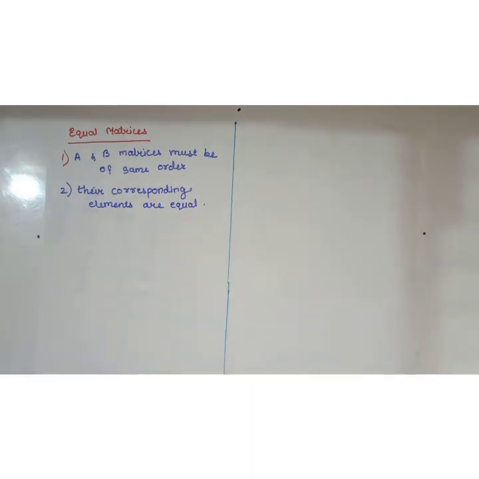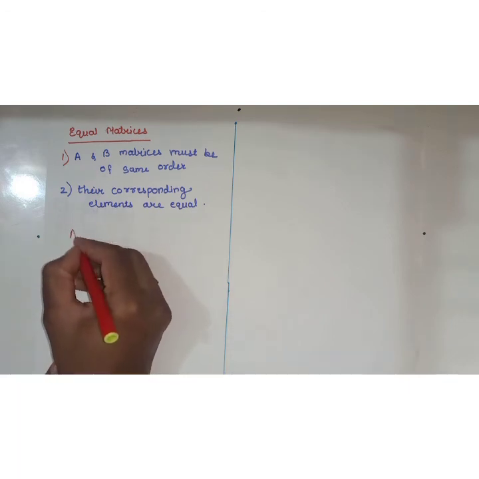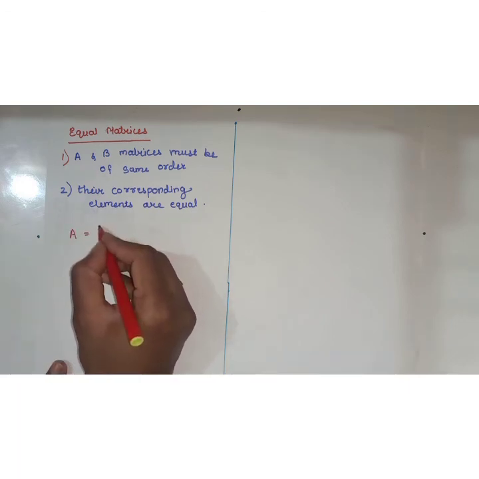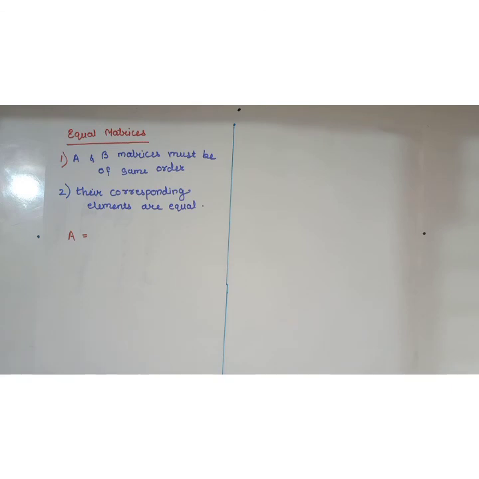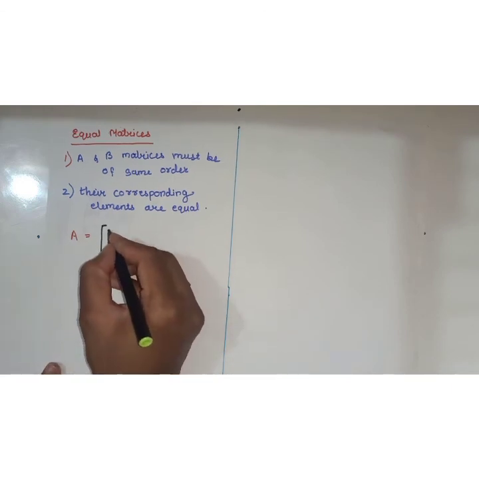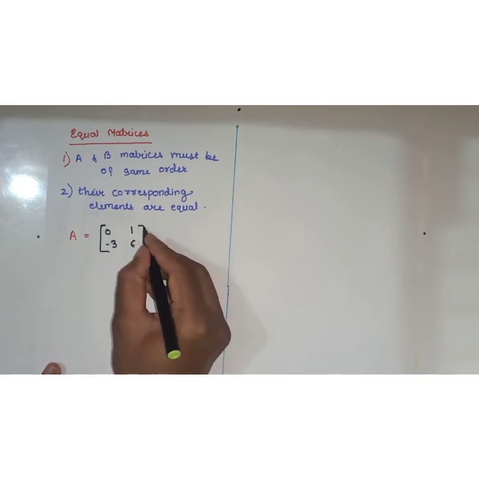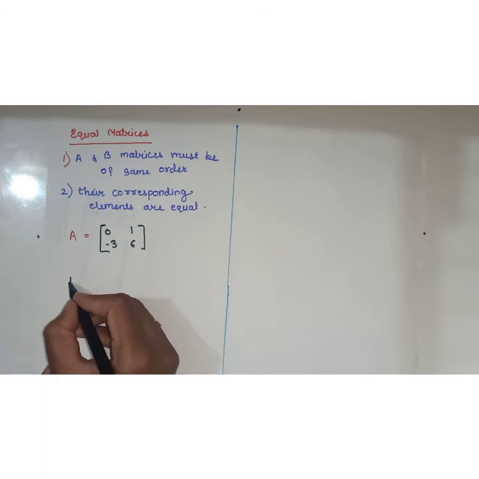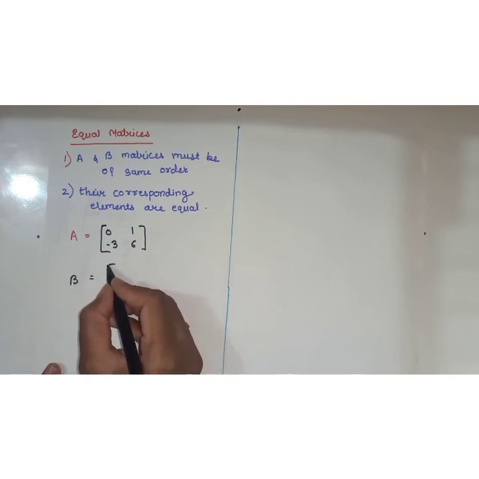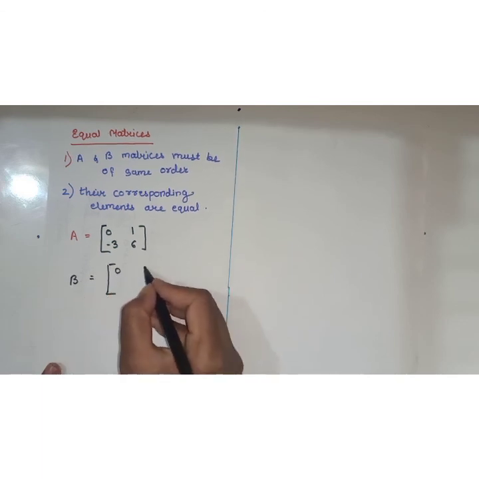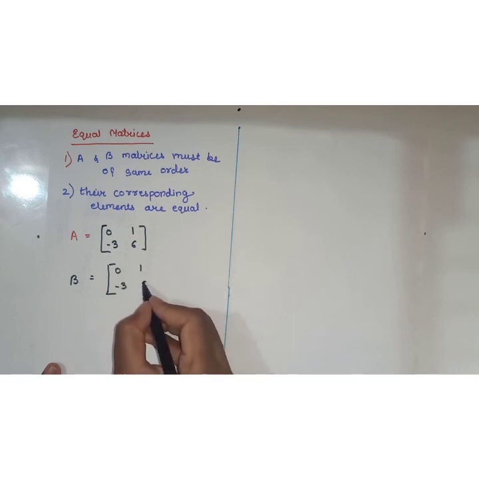Here I have two matrices. A equals 0, 1, minus 3 and 6. And B equals 0, 1, minus 3 and 6.